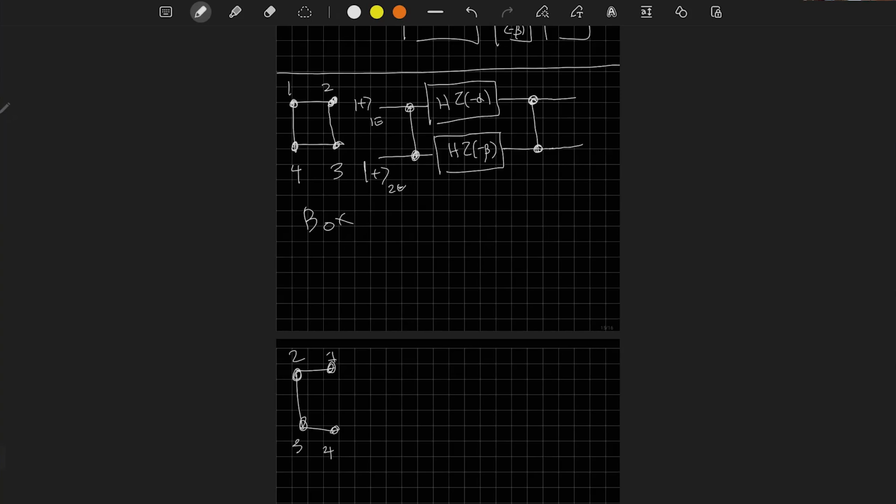Horseshoe cluster state. This implements this state, two-qubit gate. I'll show you an example.